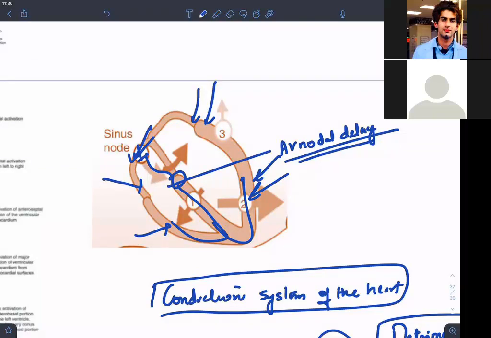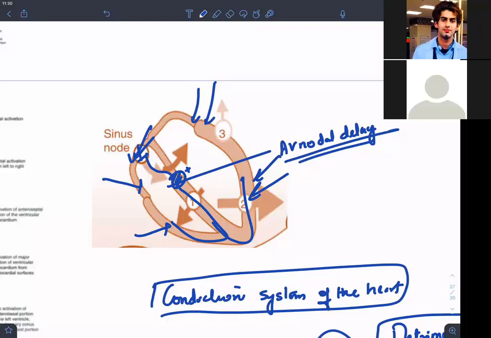So this AV nodal delay is allowing that. What this AV nodal delay is doing is not letting the SA node send that impulse directly to the ventricles also. So the AV node is helping as a gatekeeper. It is not letting the SA node send that impulse at the same time to the ventricles.